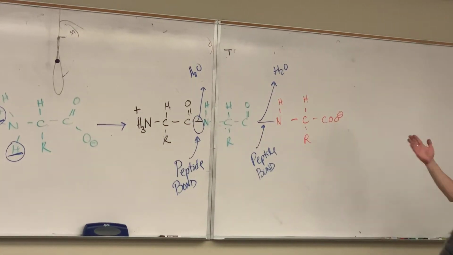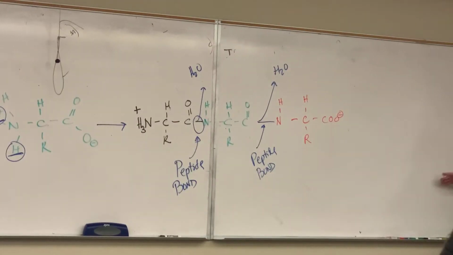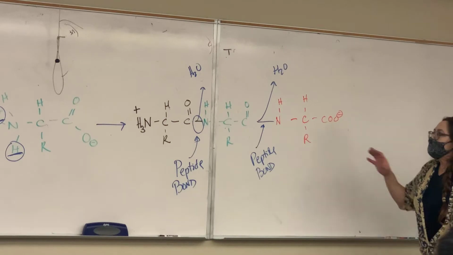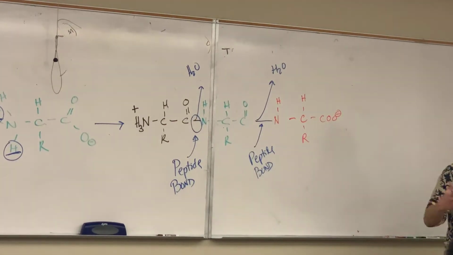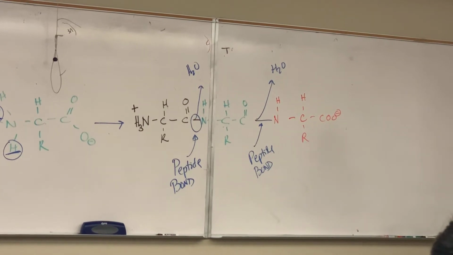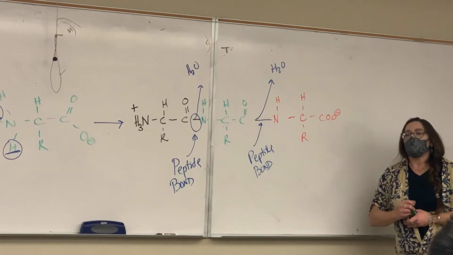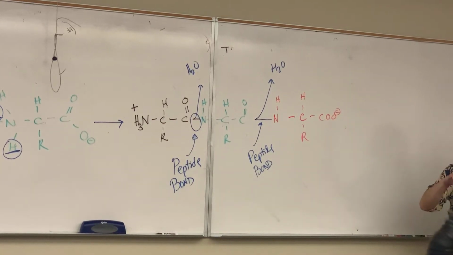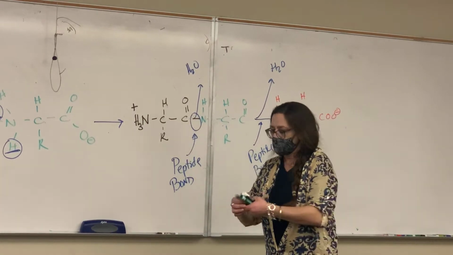As we start building this protein, we just keep doing that, keep doing that. And then if we think about this protein being a buffer, it really doesn't buffer much better than a single amino acid. Because when we look at the protein, what's going to act as the weak acid is the amino group, just like it was on our amino acid.